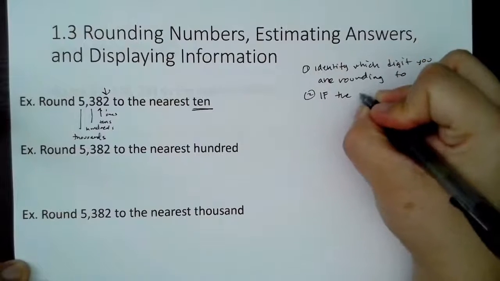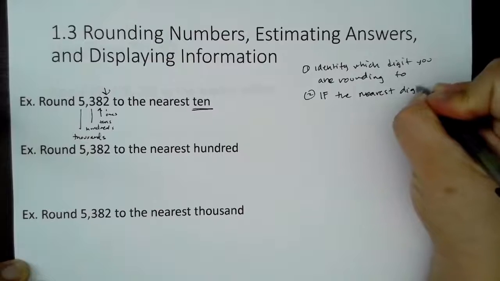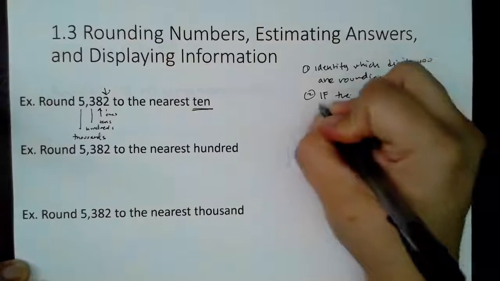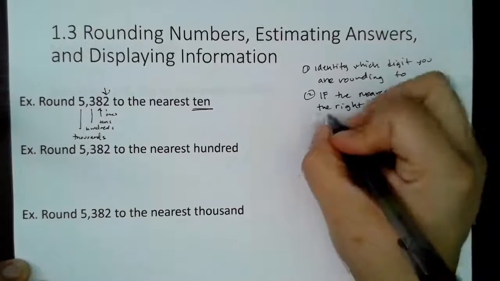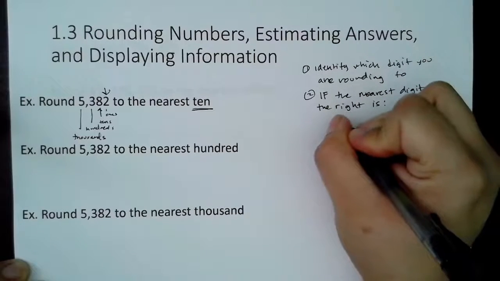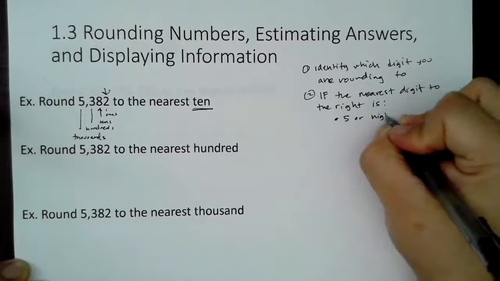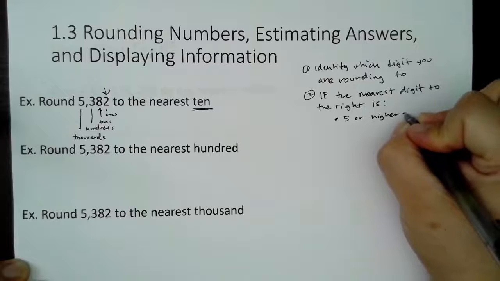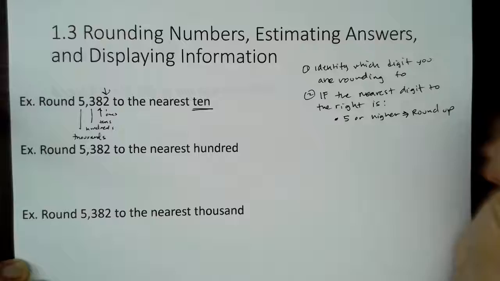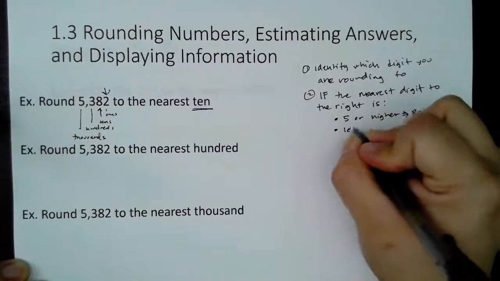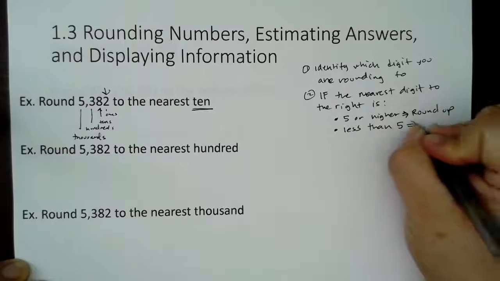So if the nearest digit to the right is, so there are two options. One is 5 or higher. If it's 5 or higher, then we round up. And if it's less than 5, we stay the same.